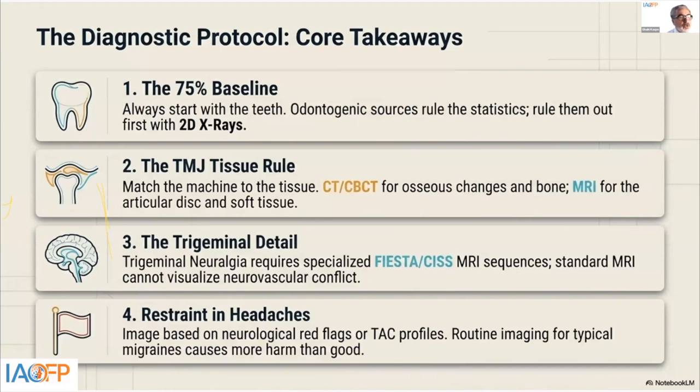TM joint, you have to rule out soft tissue versus hard tissue. CBCT, CT scan for hard tissue, MRI for soft tissue, articular disc, trigeminal neuralgia or neuralgia in general, FIESTA or CISS MRIs. And for headaches, restrain imaging based on the neurological findings and red flags, you decide what you want. As I mentioned earlier, this is really more to give you ideas.